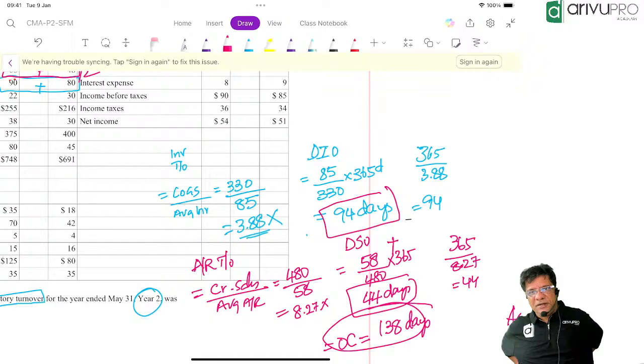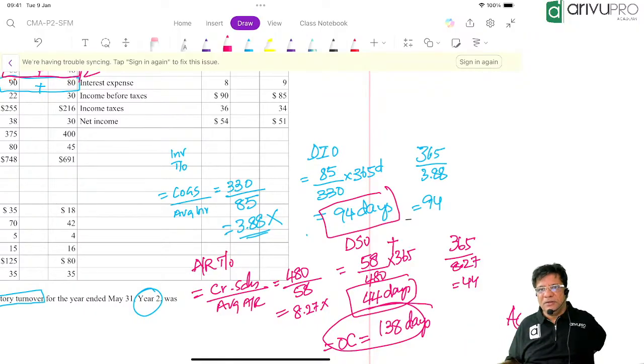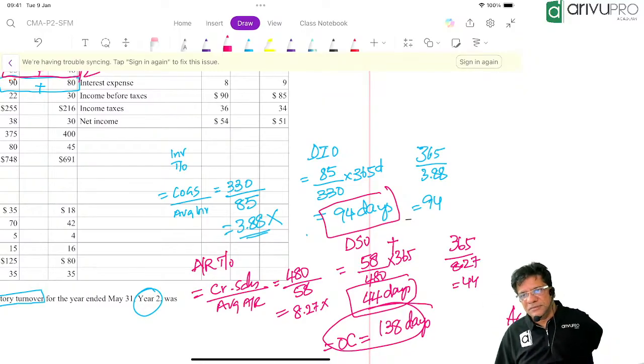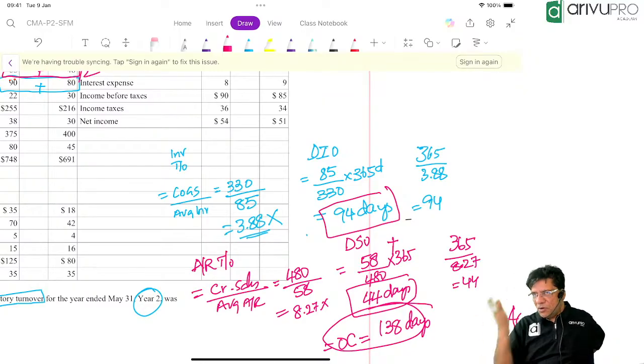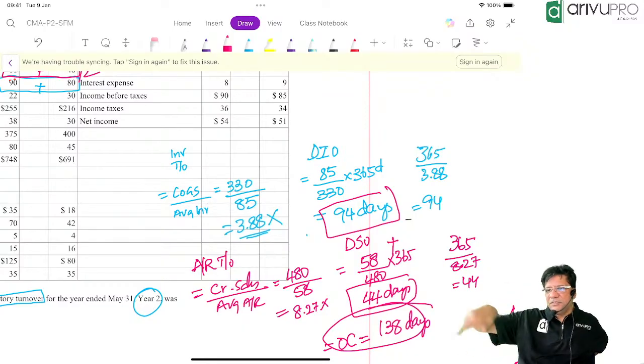Customers will not pay until you ask. That means there is some problem in your plant. They are taking long time. And there is some problem in your department. You are not collecting properly. You are not following it up with your customers. So all these systems, processes, you should change.